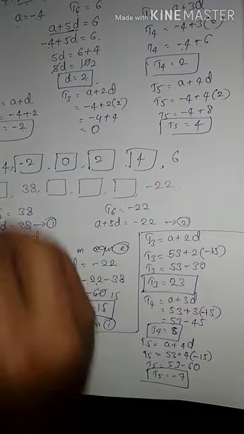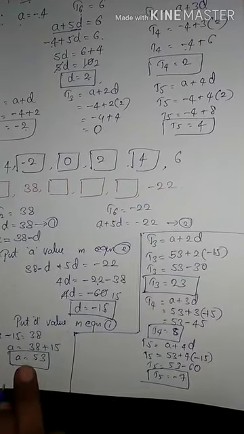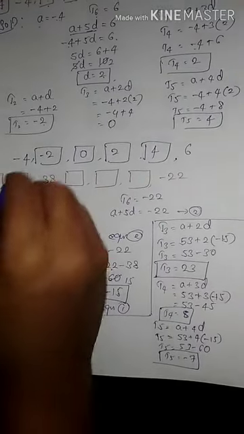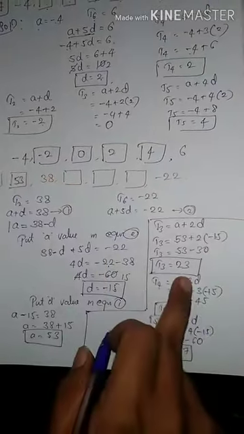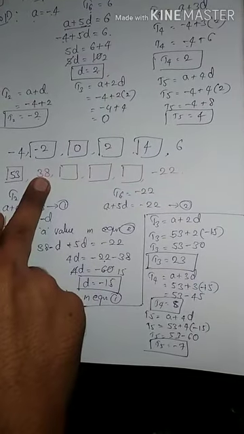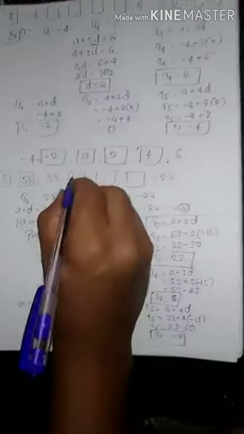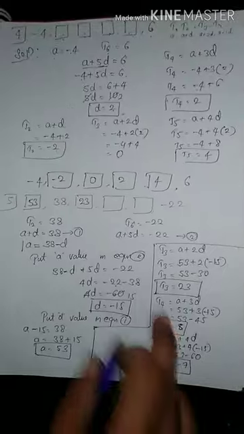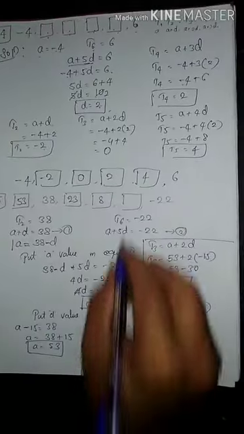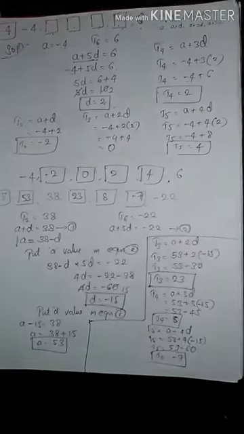Therefore, the missing terms are first one 53, T1, A is equal to 53, and second one given, 38, and the third one 23, and fourth one 8 and fifth one minus 7. This is your answer.